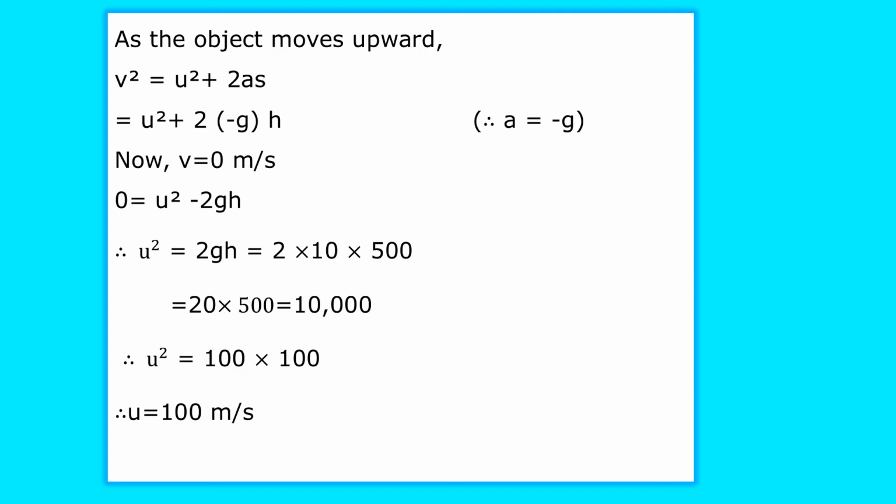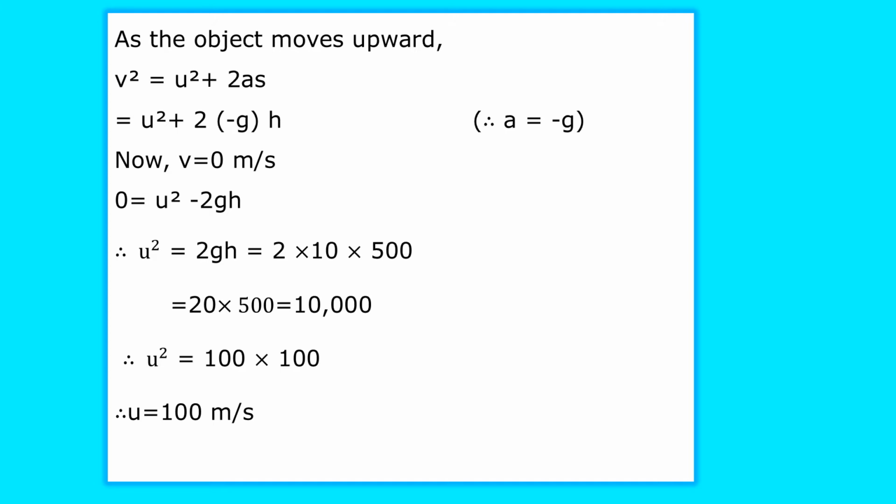Why? Because this object is moving upward, which is reverse of the direction of gravitation. So v square = u square + 2(-g)h. Now v = 0 meter per second. So 0 = u square - 2gh.